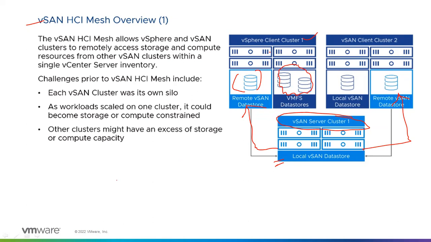So what VMware tries to do is this: if we have nodes that do not have sufficient storage capacity, and another cluster has massive storage capacity in its vSAN data store, we can access that remotely and leverage it, and we can move VMs from here to there, kind of like VM storage motion.